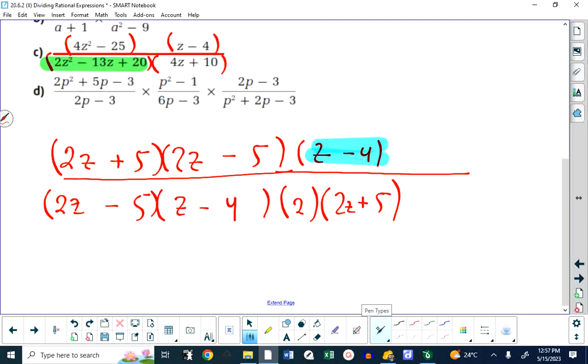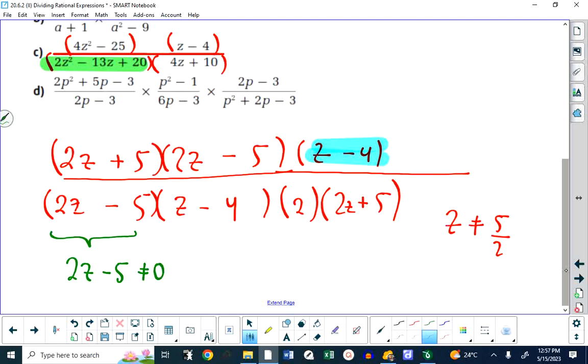So are you okay with the factoring? Okay, if I were to look at the non-permissible values right now, z is not equal to 5 over 2. And this is something I haven't reviewed since last week. But what you're doing there is you're saying that this is not allowed to be 0.